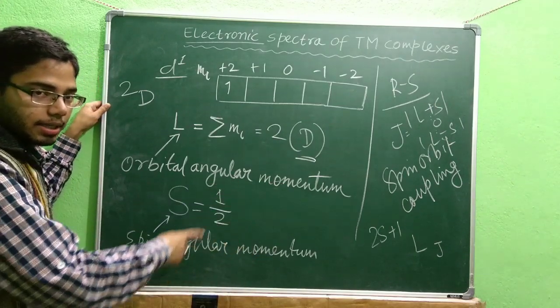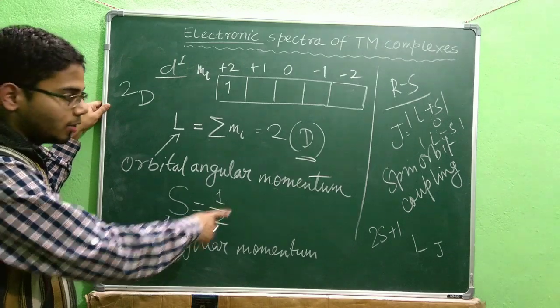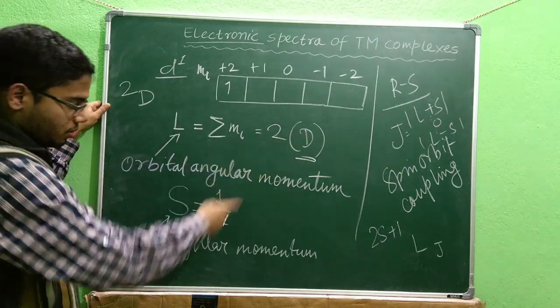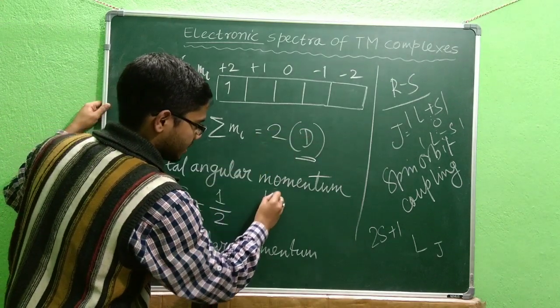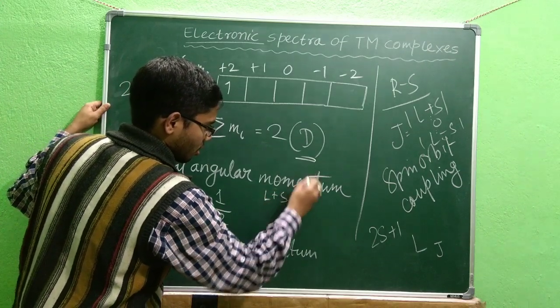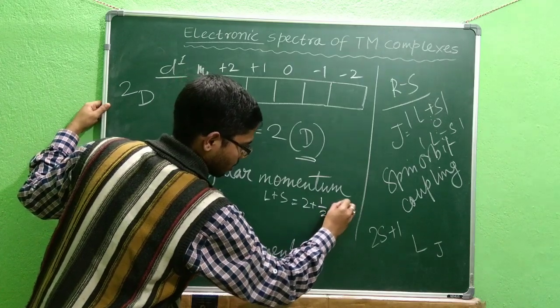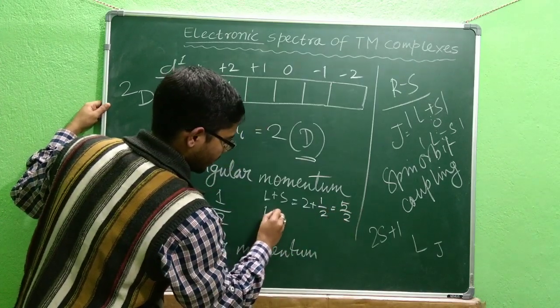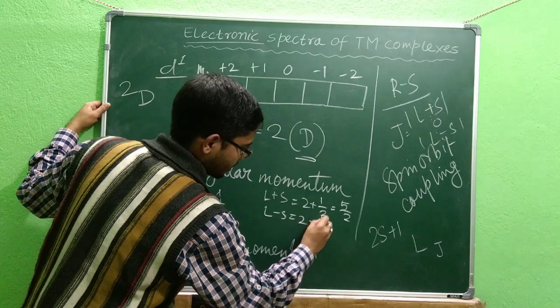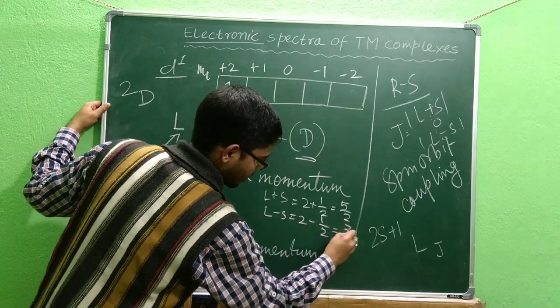L plus S is 2 plus half, that is 5/2. And L minus S is 2 minus half, that is 3/2.